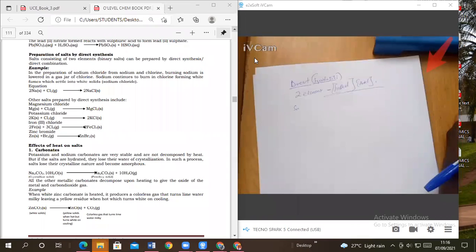That's the simplest way you can describe synthesis. So direct synthesis, like now here, we are looking at getting two elements and combining them together. You are trying to form a new substance. The process is called synthesizing.